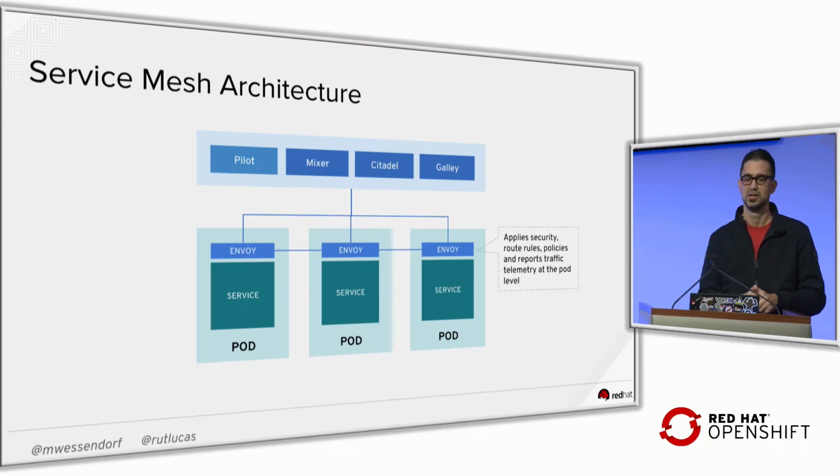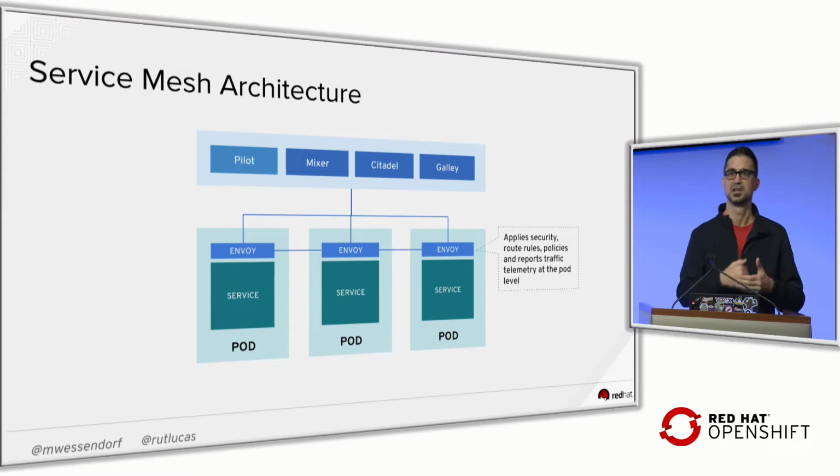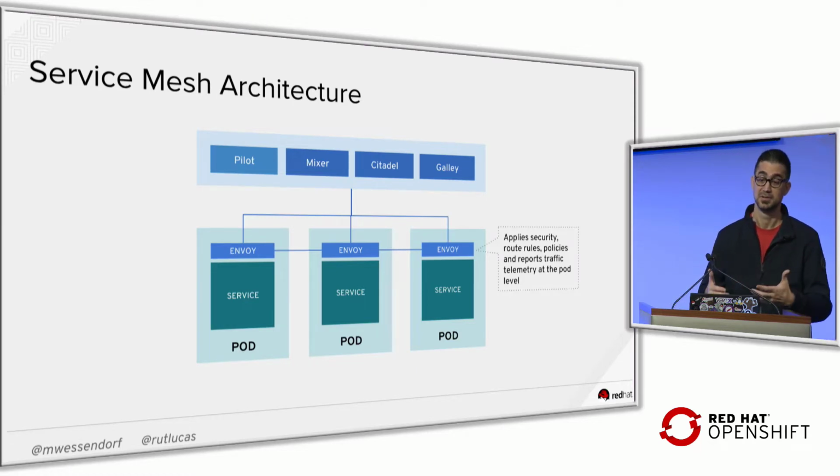Okay, Mixer is going to collect all the enforcement and the telemetry for the components. Citadel is going to be responsible for the security, the encryption between all the communications. Galley is going to check all the configurations, and another component like Kiali is going to be responsible for the UI of the observability.